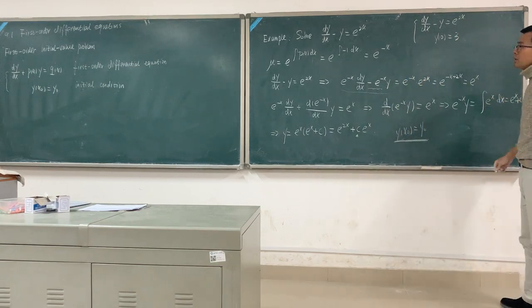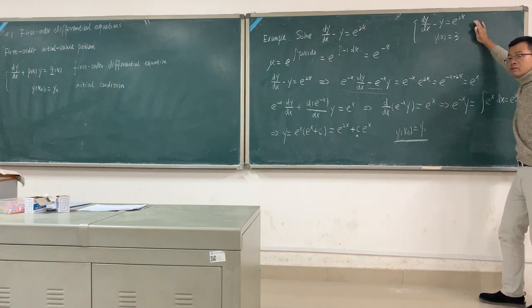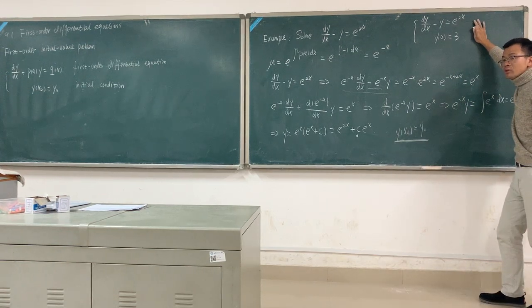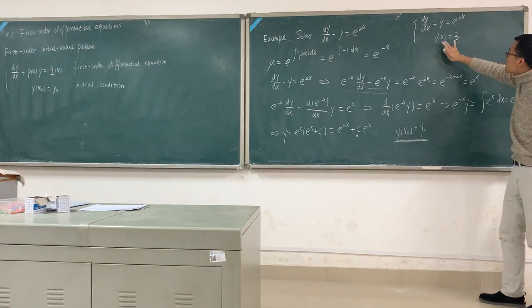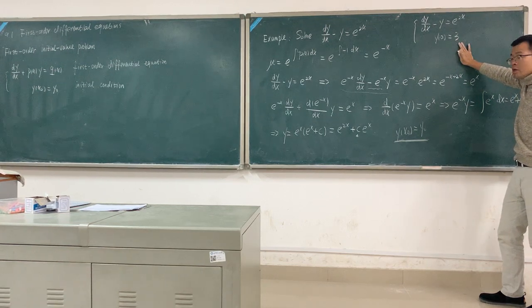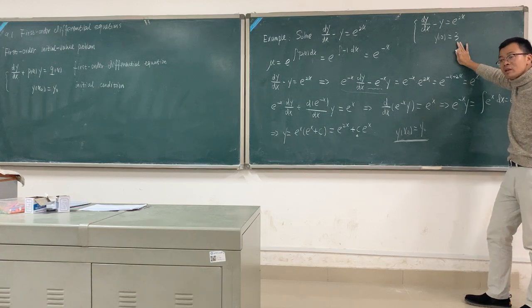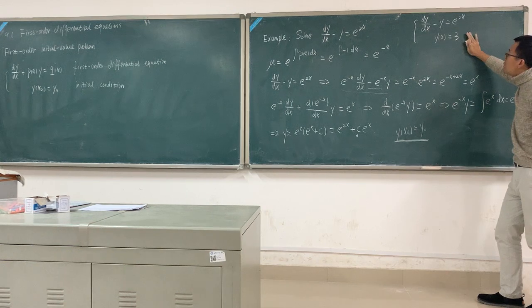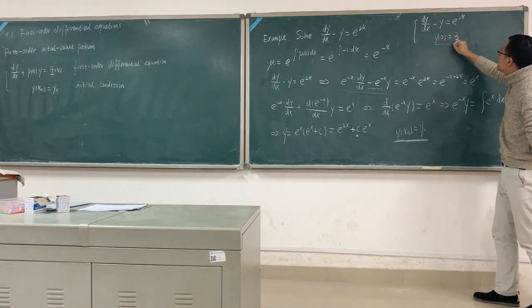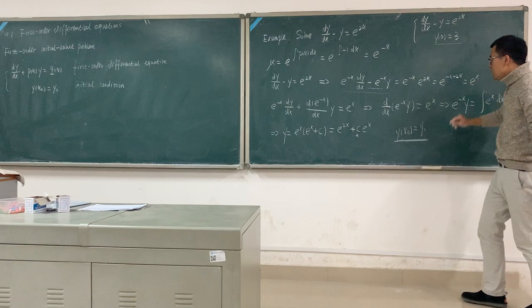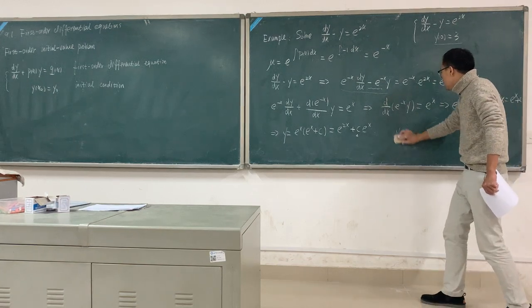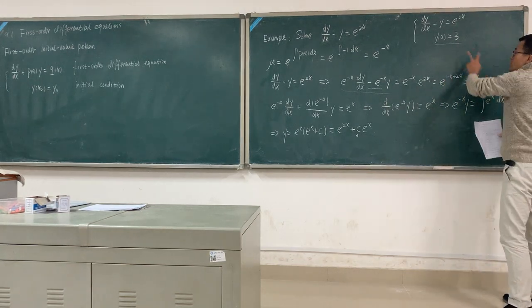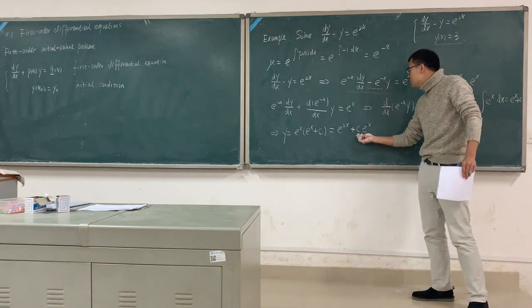The first is the first order differential equation. The second means when x equals 0, y equals 3, which is the initial condition. So this problem is a first order initial value problem. This condition is used to determine the constant.